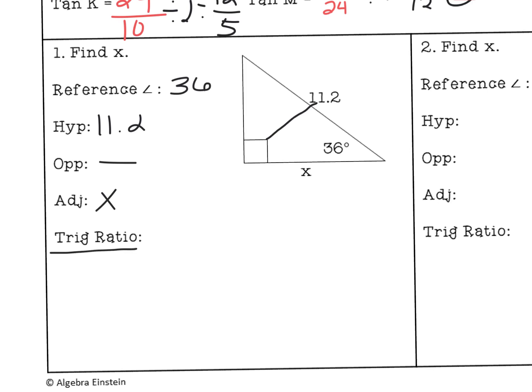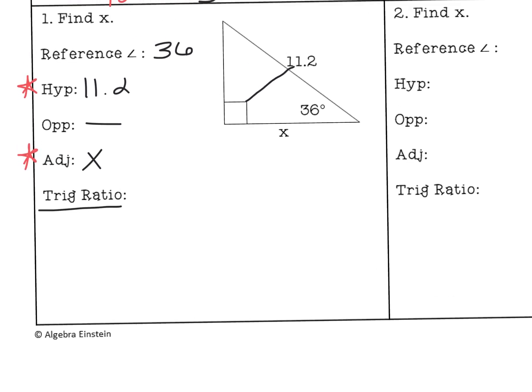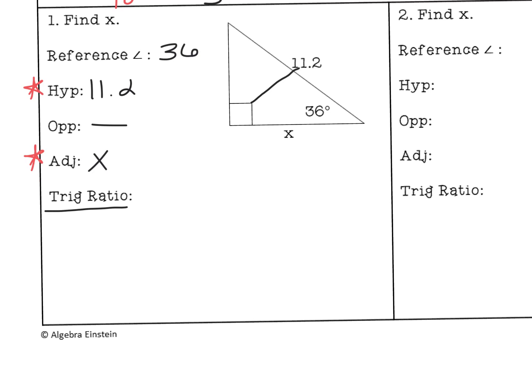They gave us the hypotenuse and adjacent. Which trig ratio is that? Cosine. Use SOHCAHTOA to help you. So the trig ratio we're using is cosine. What you just did was step 1 and 2: we labeled and we identified what ratio we're going to use.